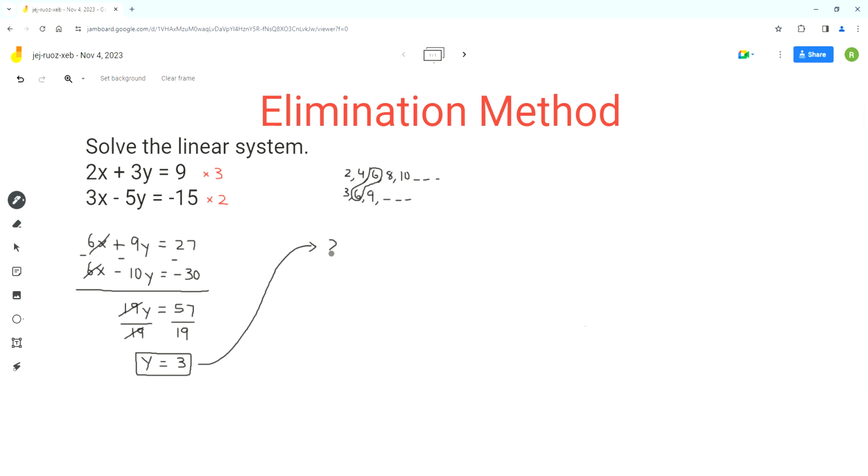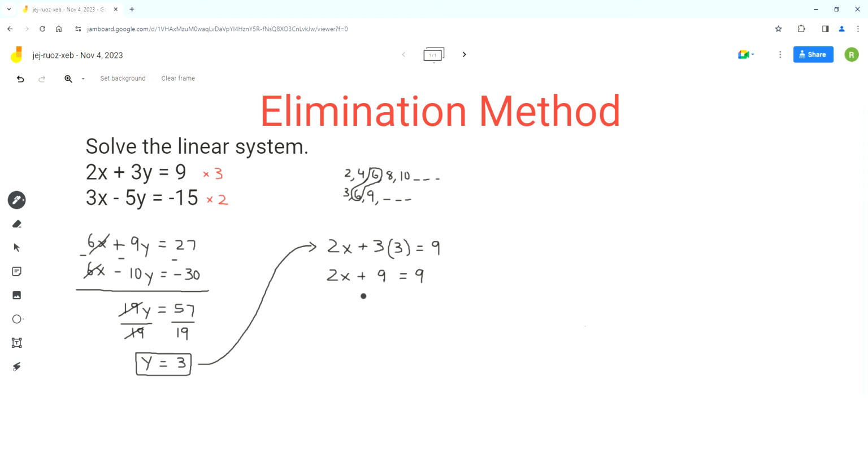So it becomes 2x plus 3 times, since y is 3, 3 times 3 equals 9. Now we just have to simplify this equation to find the value of x. So first we multiply 3 times 3, which is equal to 9, equals 9.